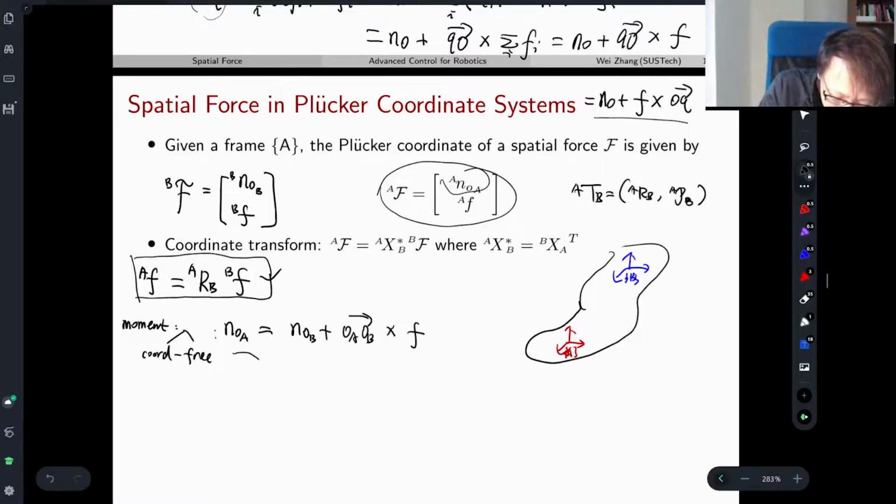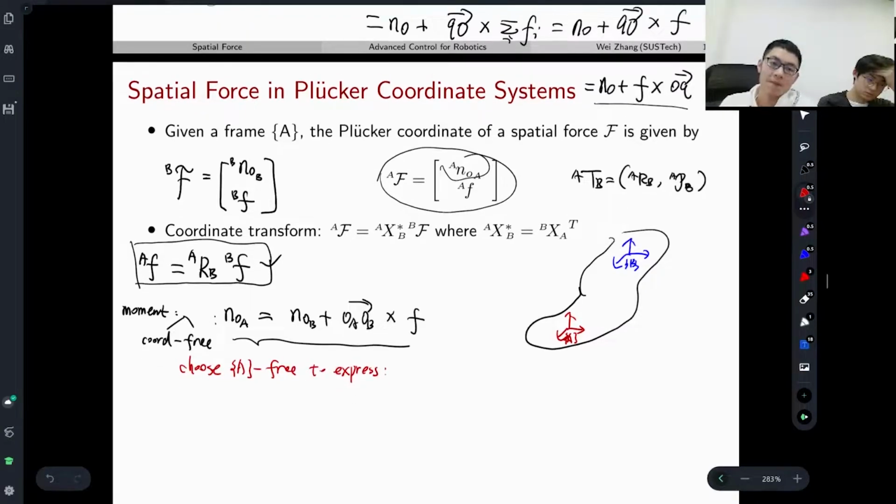Okay, this is what we got before. Now let me pick frame A to express this physics. What I got is the following.